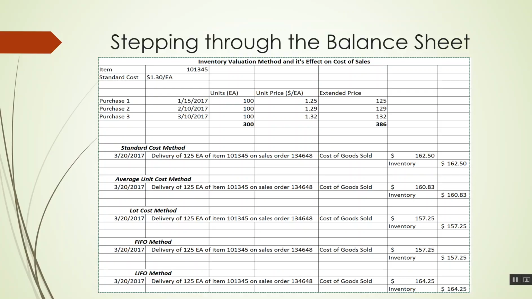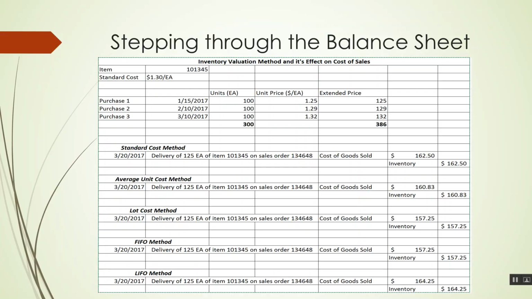Under the standard cost method, we're shipping out 125 units. So in that case, I took 125 and multiplied that by my standard cost of $1.30, and that's what gave me my $162.50. Under the average cost method, I generated an average cost.